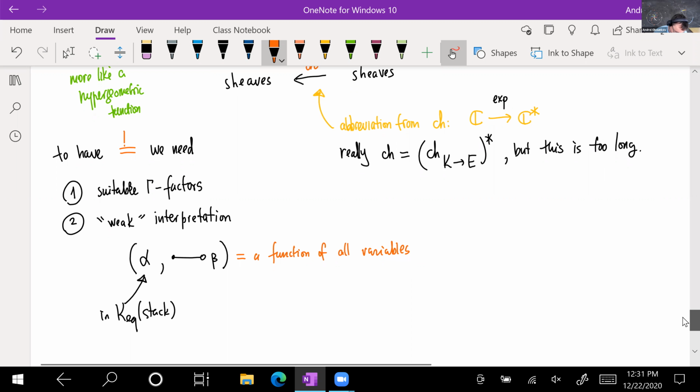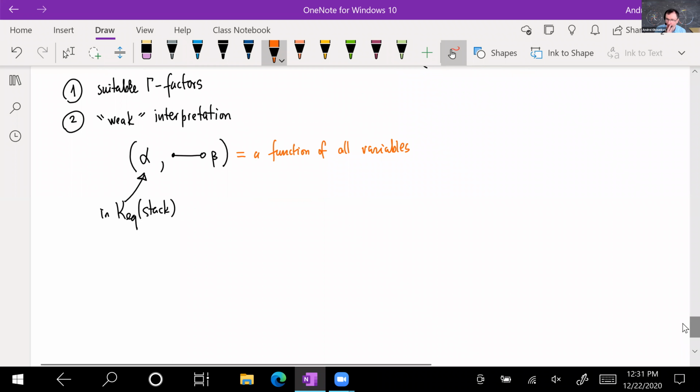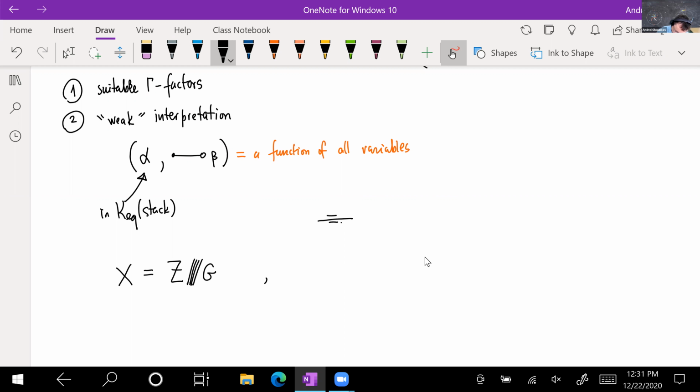So what's then the statement? I recall that we have our X, maybe to summarize this. So what does it mean? Maybe equivariant. We have some X. X is the algebraic symplectic reduction of some space Z by the group G. And then we have a group G. Forgive me for using the twiddle again, but let's call it twiddle.